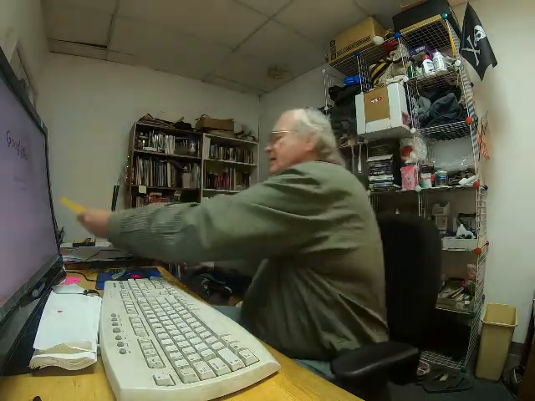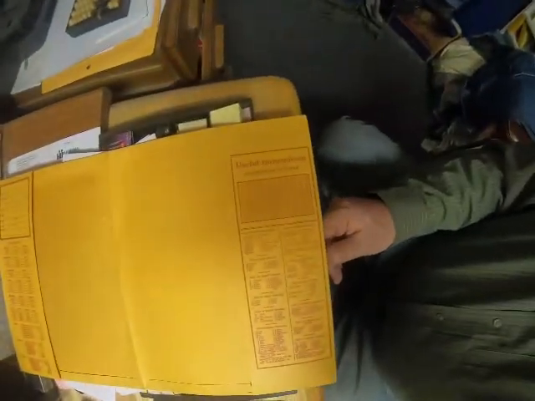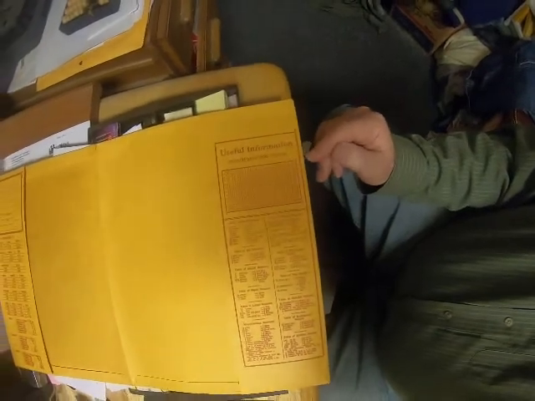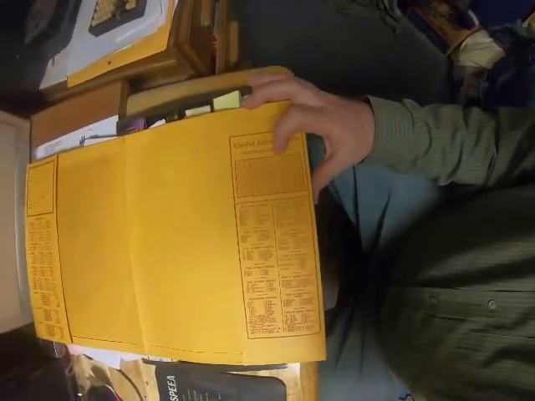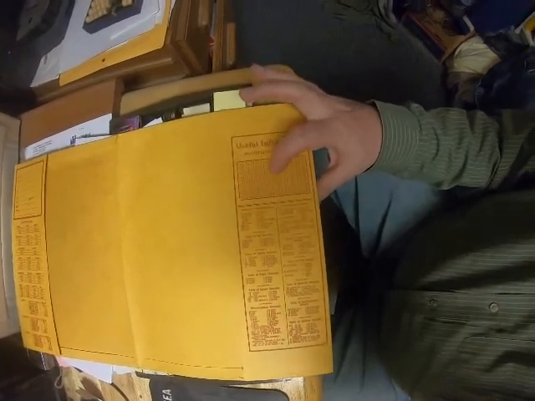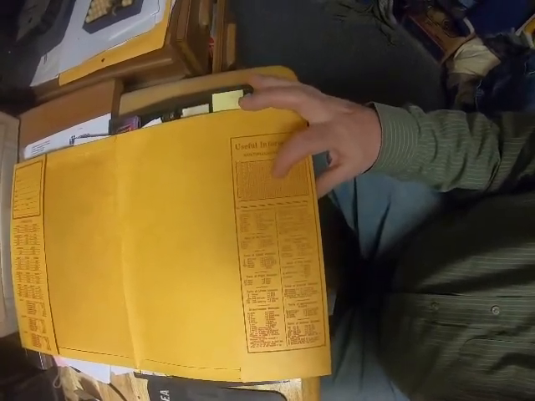To do multiplication, one helpful thing is to buy one of these peaches, if you can find them in any of the stores. I don't know if they're still in print, but they were useful to me because these peaches have some useful information for those of us who are not useful idiots. Down here you have a multiplication table. You can go down the column of 6, go by 5, and 6 times 5 is 30.